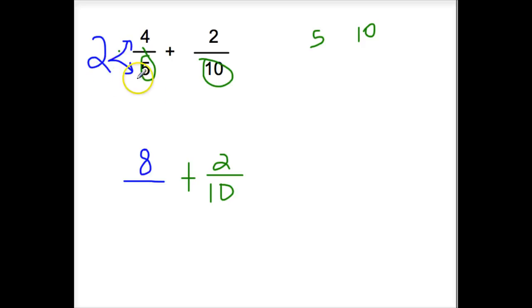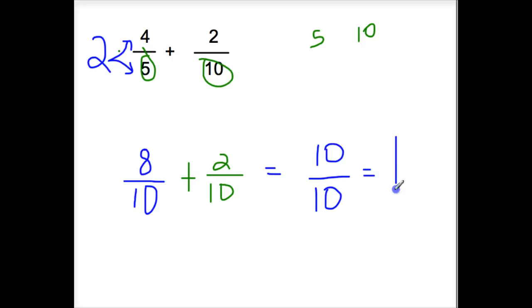We go 2 times 4 is 8, 2 times 5 is 10, and we get 10 tenths, which equals 1.